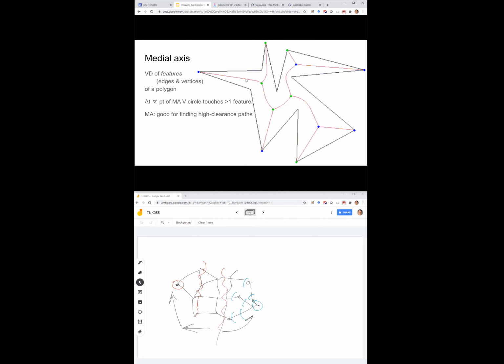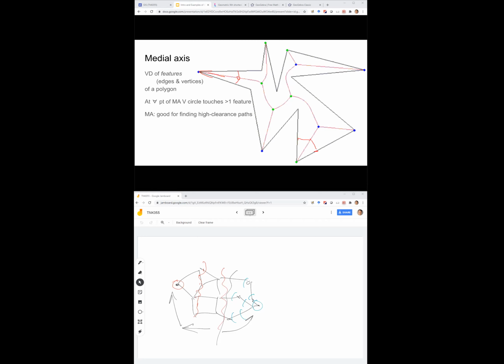So in particular, any point on this medial axis is equidistant from two features. It's equidistant from two sides. So the point over here on the medial axis is equidistant from these two edges, because really this thing is the bisector of this angle. The point on this part of the medial axis is equidistant from these two features, from this and from this.